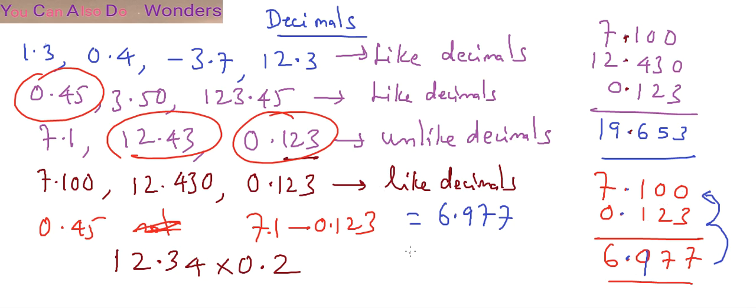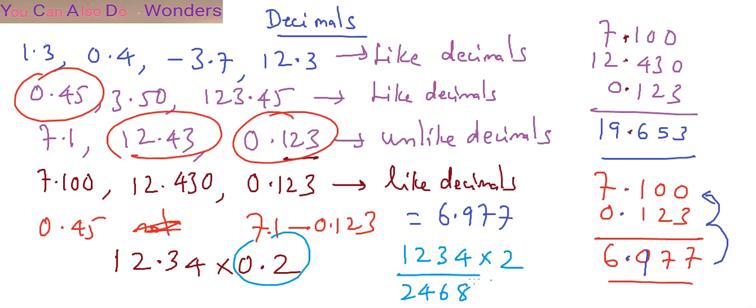First, remove the decimal points and write the given numbers. 12.34, if the decimal point is removed, becomes 1234. Similarly, if the decimal point is removed from the second number, it becomes 2. Just multiply without any decimal point, then it becomes 2468.